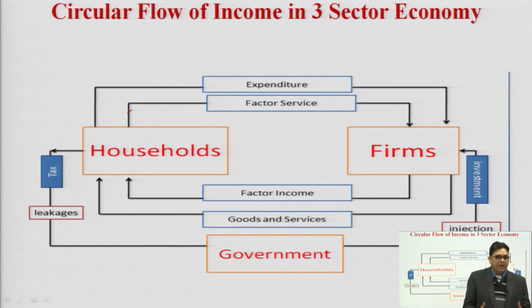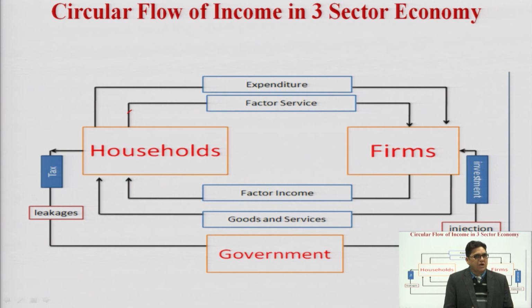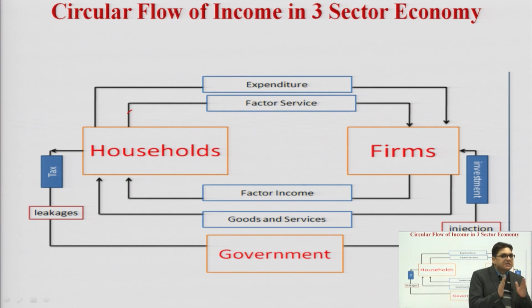For example, if we earn 60,000 a month and spend 50,000, the 10,000 we keep ourselves is leakage. From the total amount we have not spent, some we have saved for personal use or some personal purposes.